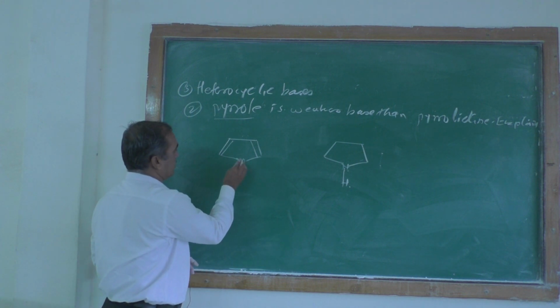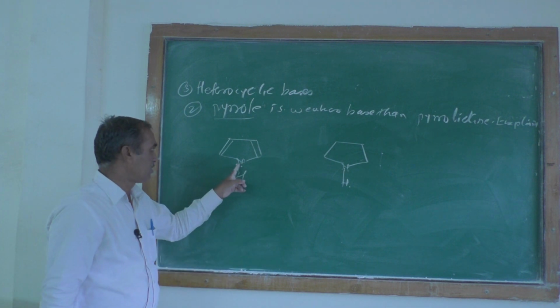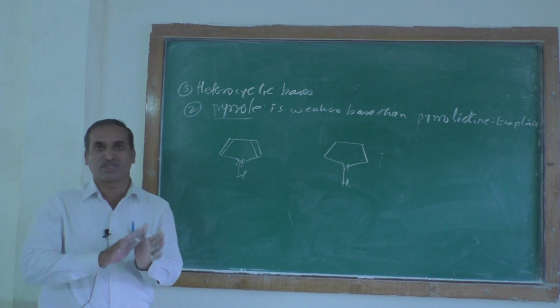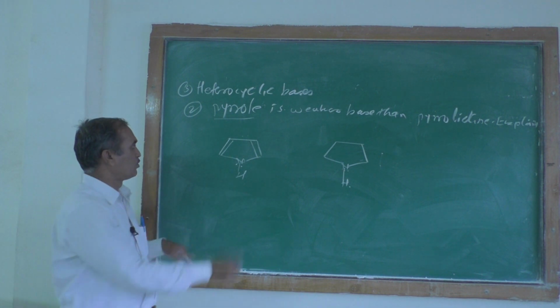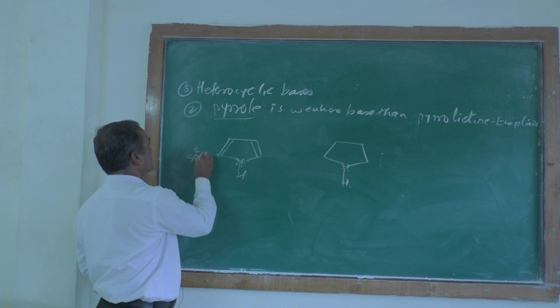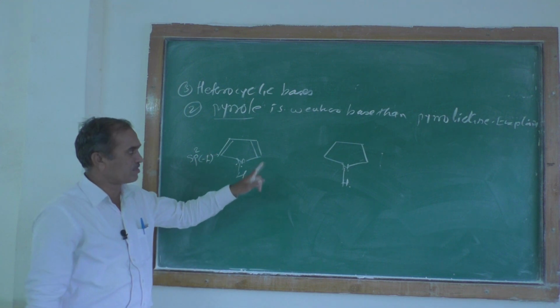But here in this case, the lone pair present on the nitrogen is involved in the delocalization, it is not available for donation, and this carbon atom exerts a minus I effect due to sp2 hybridization.